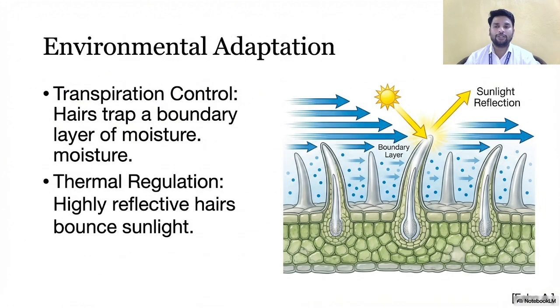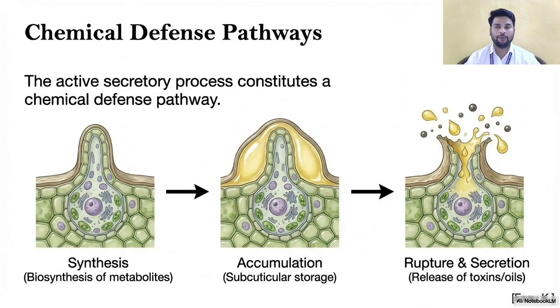Then environmental adaptation. Transpiration control: hairs trap a boundary layer of moisture. Thermal regulation: highly reflective hairs bounce the sunlight, as we discussed in a previous slide.